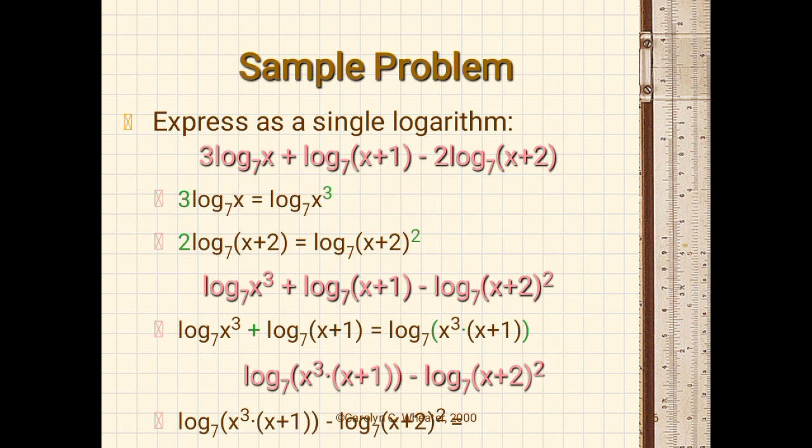The answer is log base 7 of x to the power of 3 times the quantity x plus 1, minus log base 7 of x plus 2 to the power of 2. That is a difference becoming a quotient.